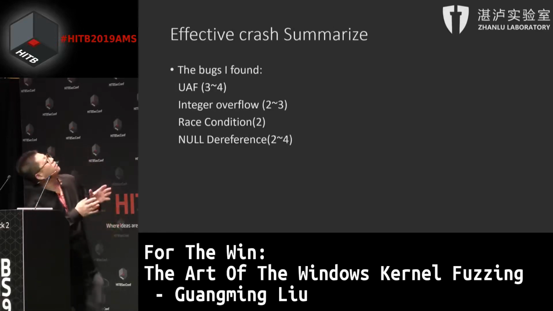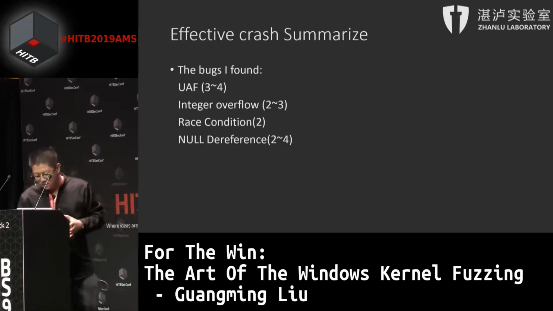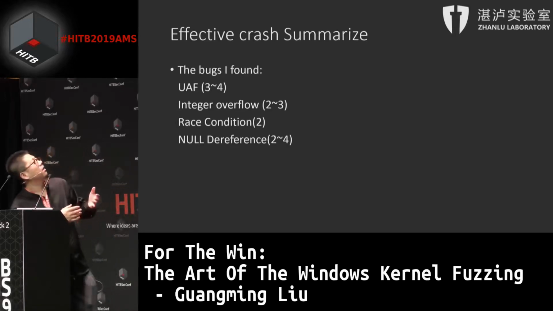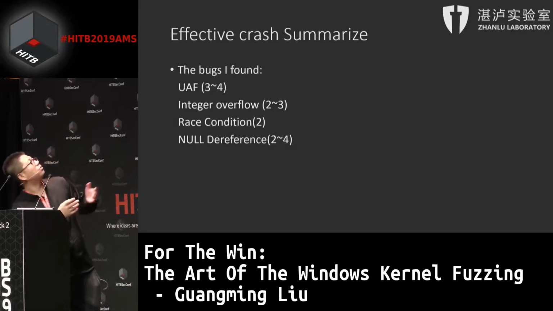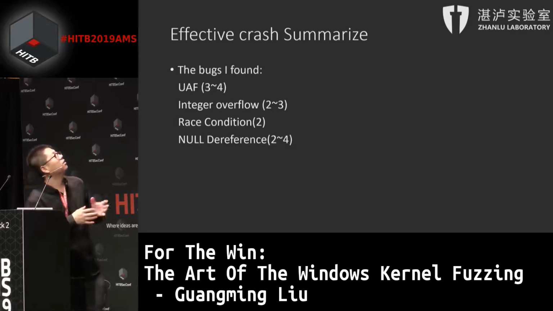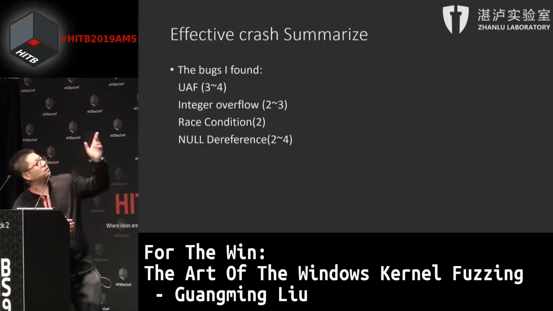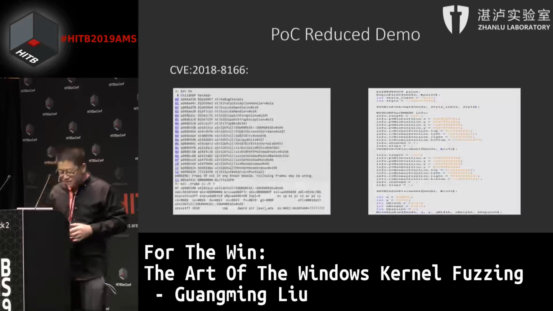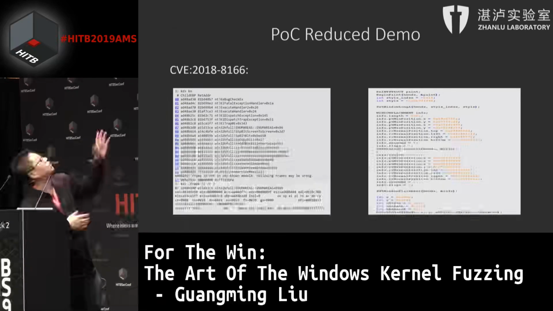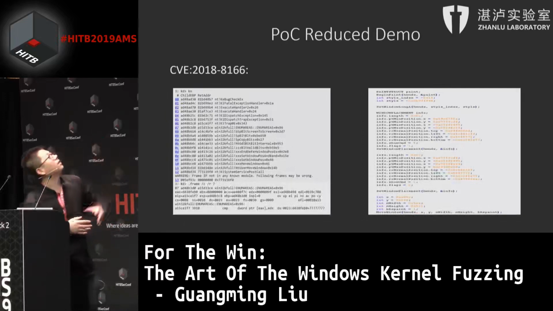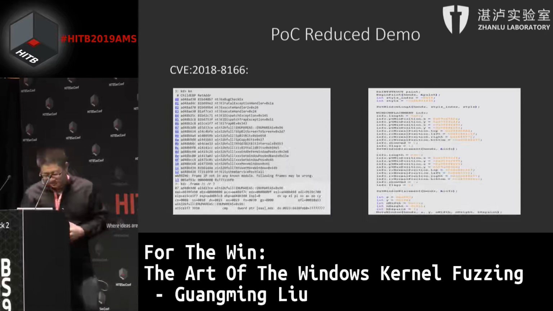Here is the effective crash summarize. I found 3 to 4 UAF and 2 to 3 integer overflow, and 2 race condition, and none dereference. Here is a POC for CVE 2018-8166.